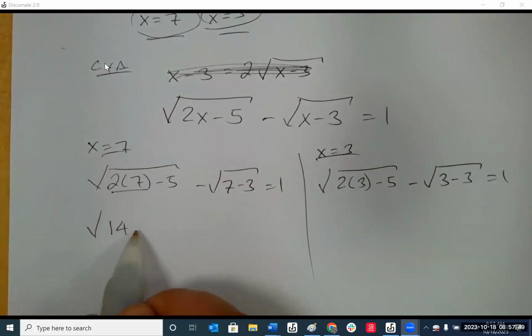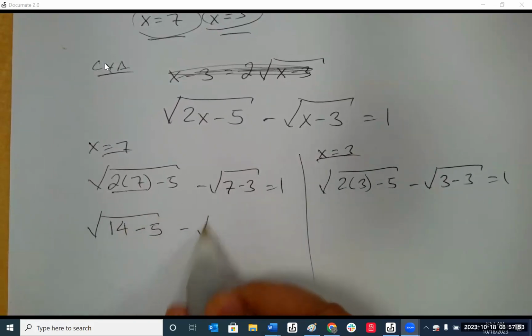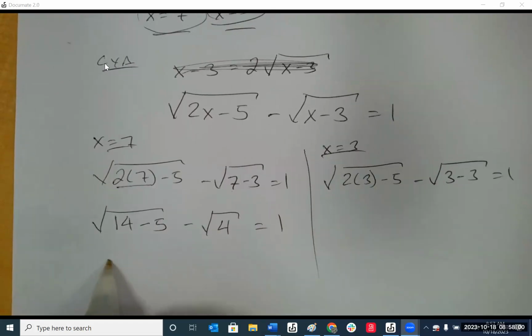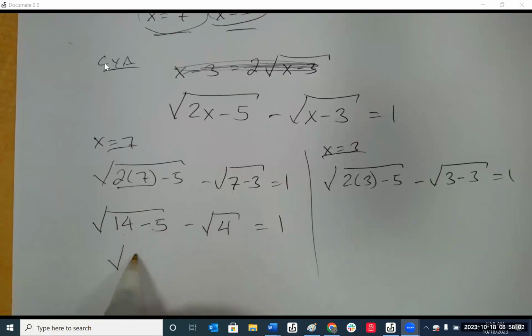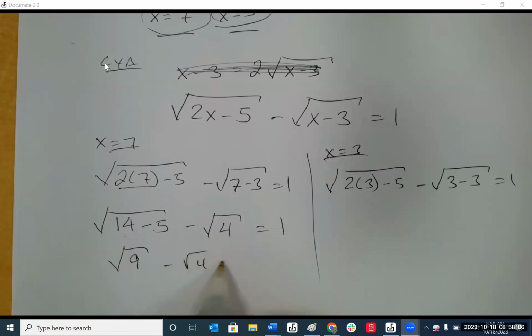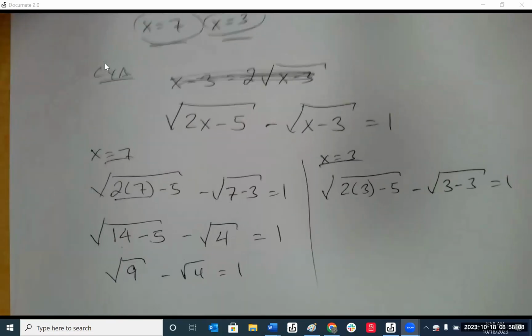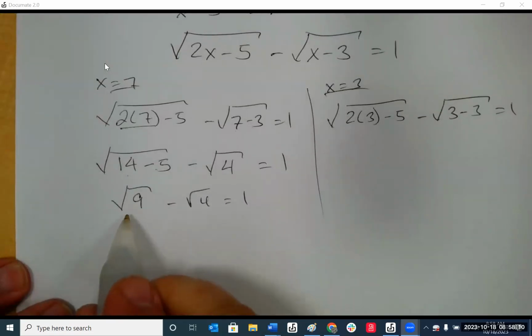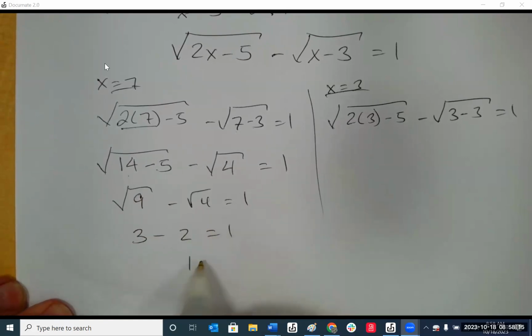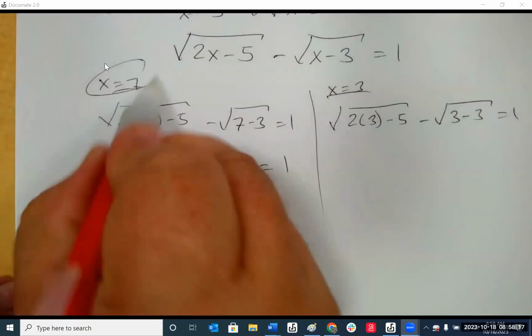Two times 7 is 14 minus 5. 7 minus 3 is 4. 14 minus 5 is 9. Square root of 9 is 3. Square root of 4 is 2. So 7 works.